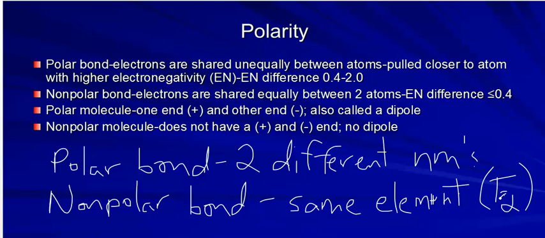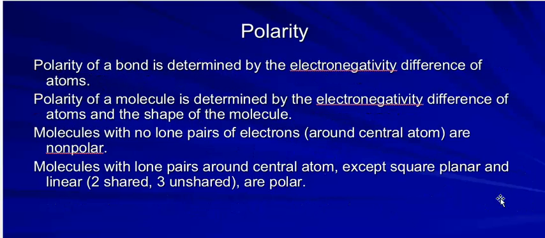But now we're not so much concerned with polar and nonpolar bonds, we're looking at molecules. Polar molecules have a positive end and a negative end, which is called a dipole. Nonpolar molecules do not have this positive and negative end, and there's no dipole with nonpolar molecules. So now we're concerned more with molecules than we are with just the bonds.